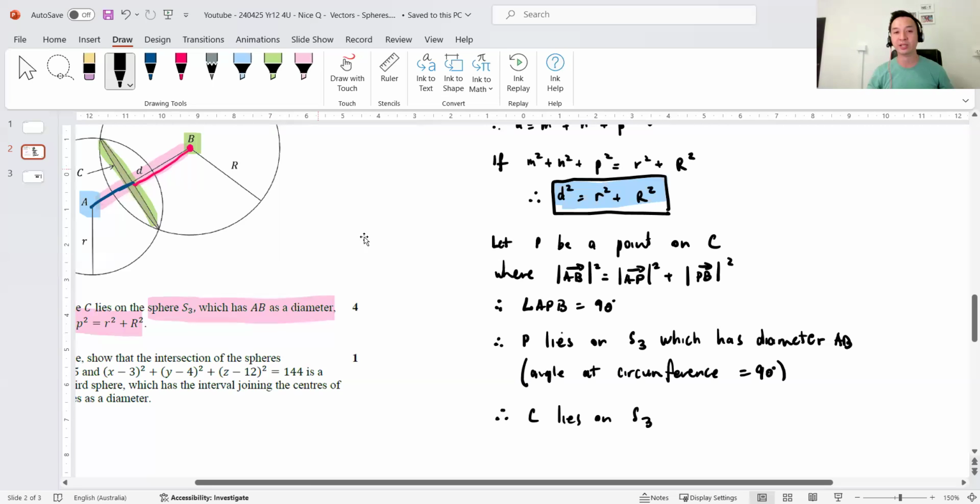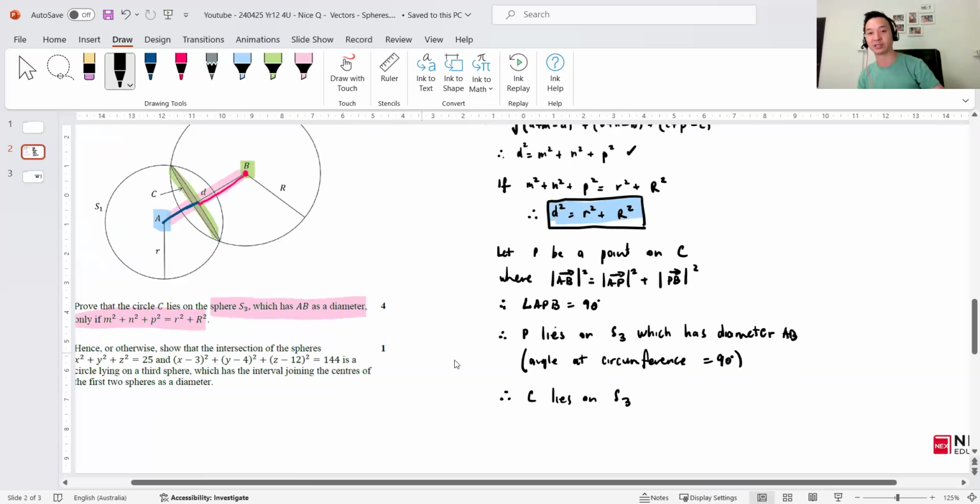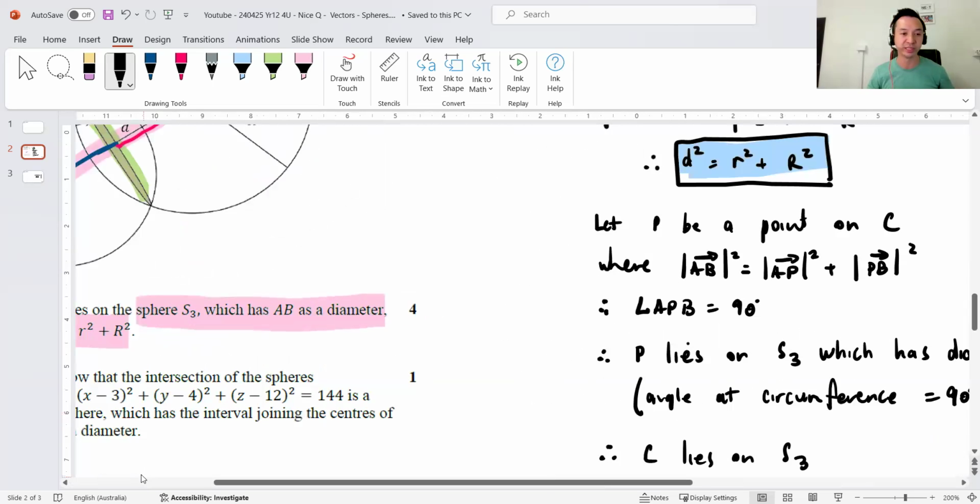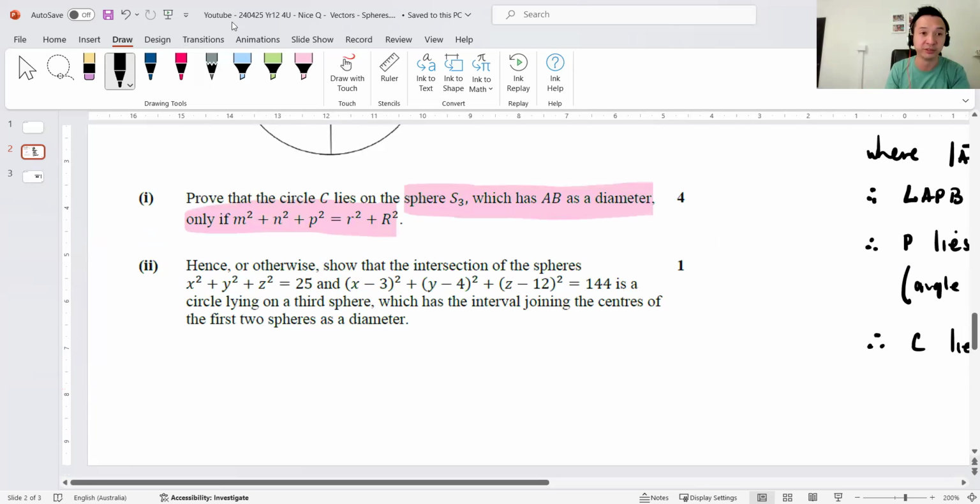For part two, it's just a numerical application of this, right? So basically all it's trying to say is it presents you with two spheres, just like above, where sphere number one, sphere number two. Now with sphere number one, the center is 0, 0, 0, and the radius is 5.